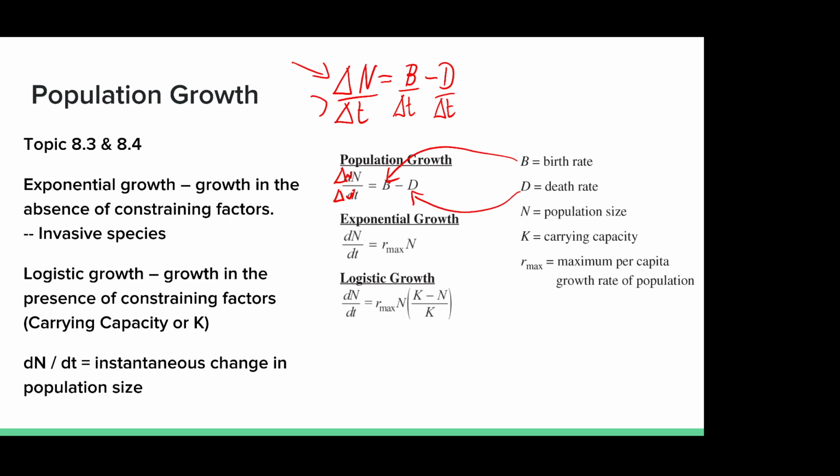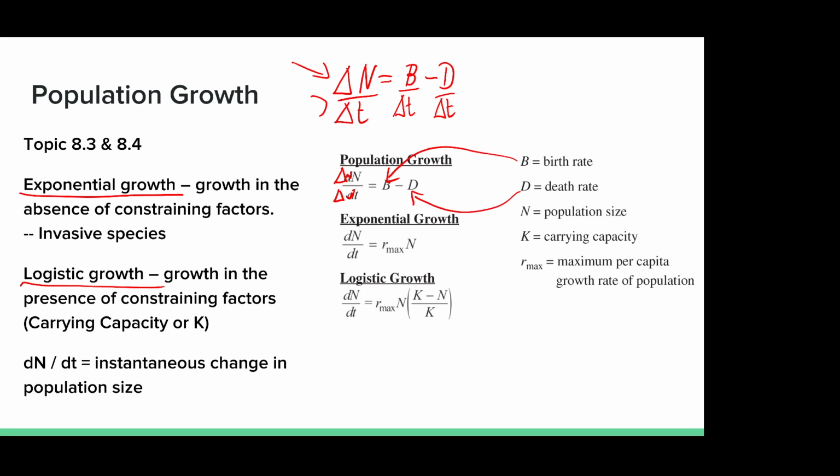As it turns out, there are two main ways that populations grow. Number one, exponentially. Number two, logistically. A population that grows exponentially is growing basically out of control, because each time it increases by an exponential factor.